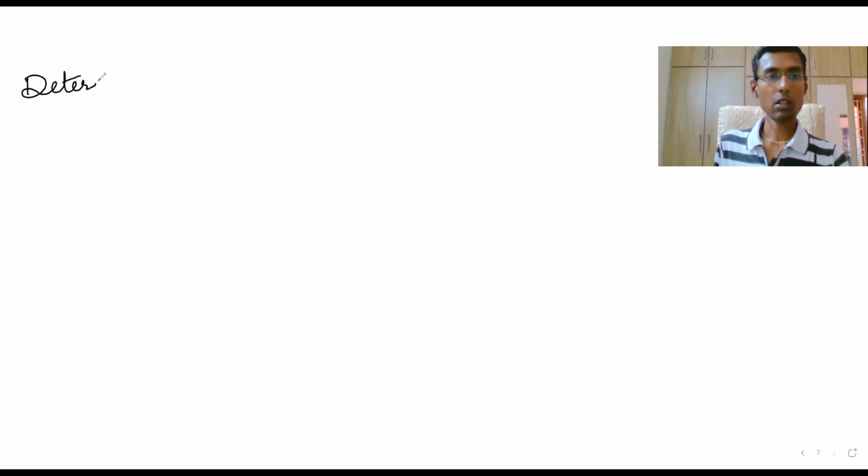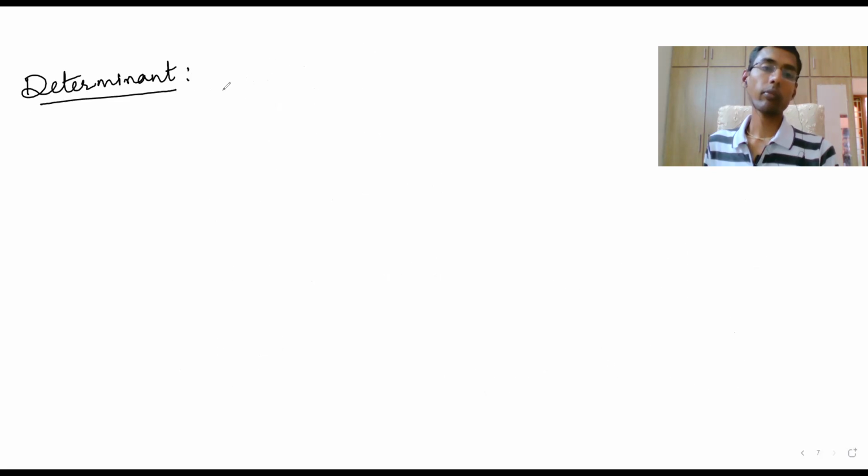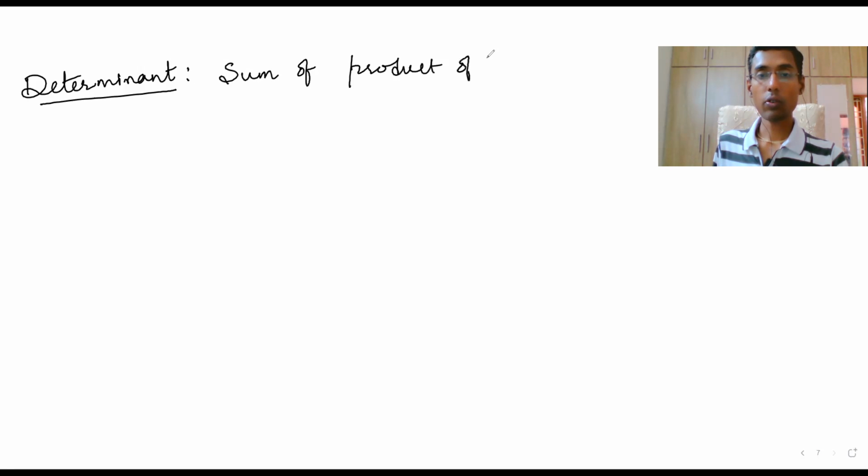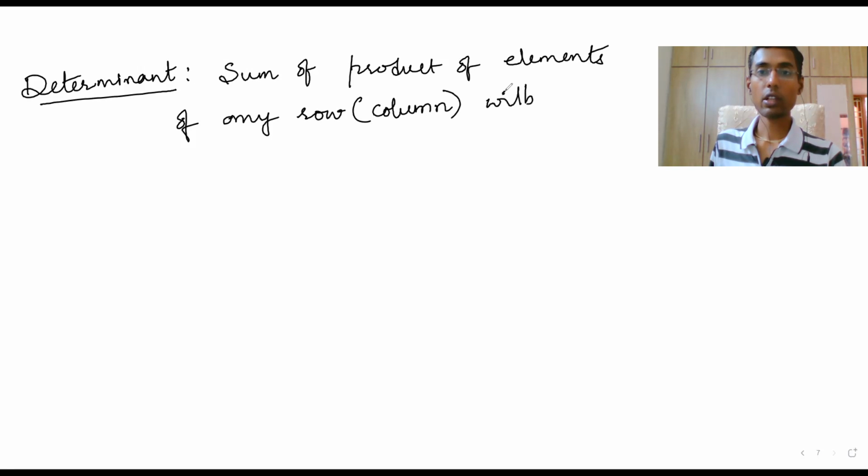Okay, now the determinant. How is it defined? The determinant is the sum of products of elements of any row or any column with their cofactors.